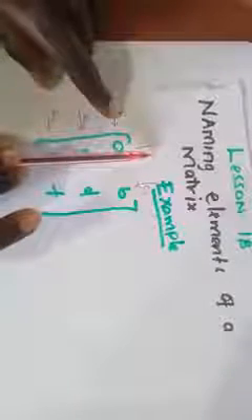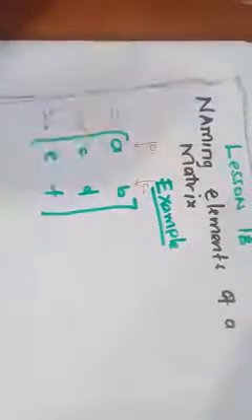Therefore, which position does element A take? It is in row 1 and column 1. So we write that position as a subscript. We start with the row followed by the column.